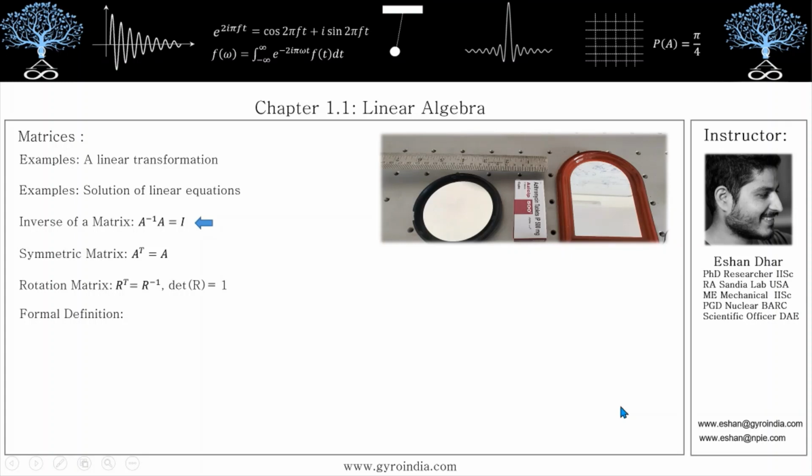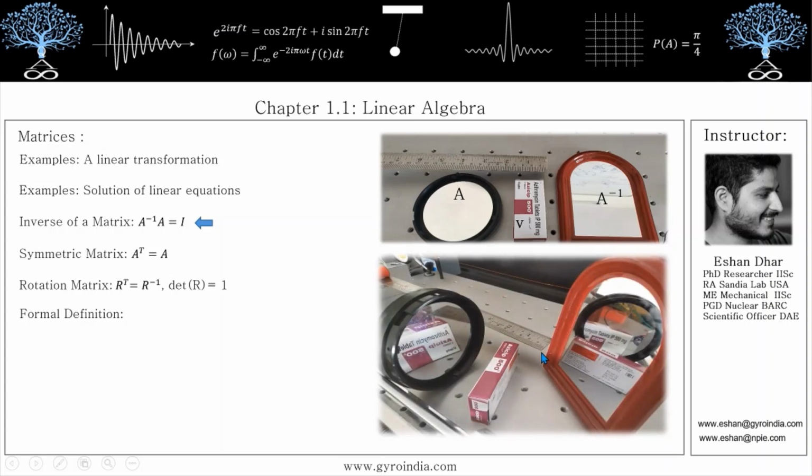We know that a mirror, when forming an image, transforms the object in a particular fashion. Let's assume mirror 1 to be a transformation defined by matrix A, the pixels of this object as a set of vectors V, and the other mirror as A inverse.